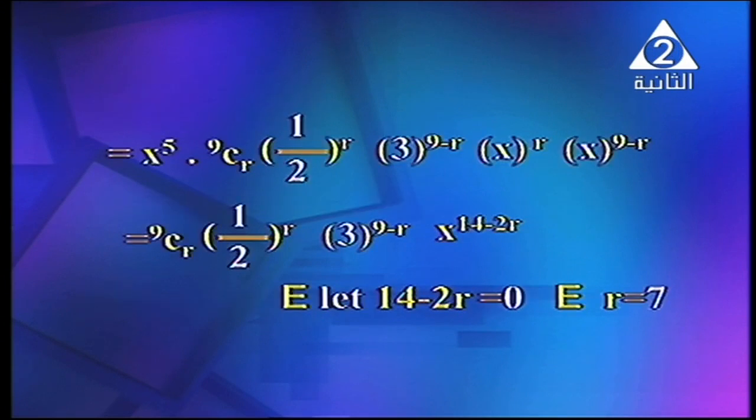Therefore, the answer is x power 5, 9Cr, 1 over 2 to the power r, multiply by 3 to the power 9 minus r, x power 9 minus r. Then we have x power 9 minus 2r. Then look, my dear student, 14 minus 2r equals 0, so r equals 7.